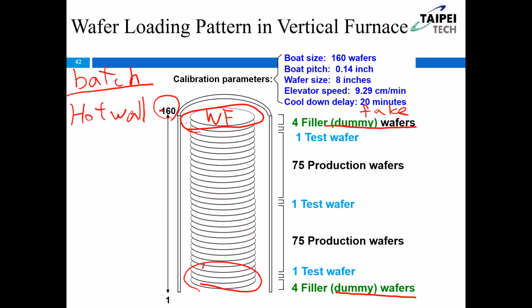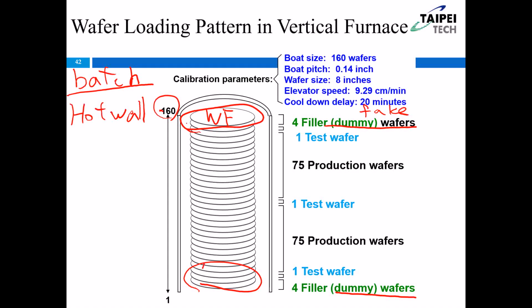But you may ask, why do I want to put the dummy wafers? Usually in those 2 regions, on the top and on the bottom of the quartz tube, the uniformity of the temperature and the uniformity of the gas flow is not good.